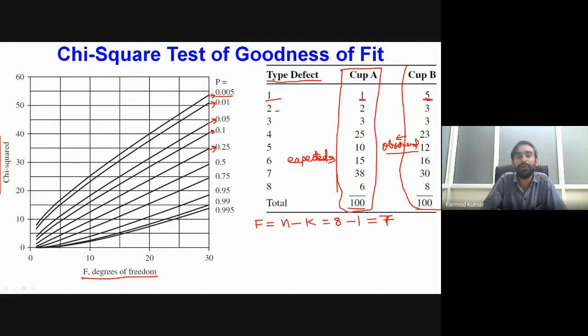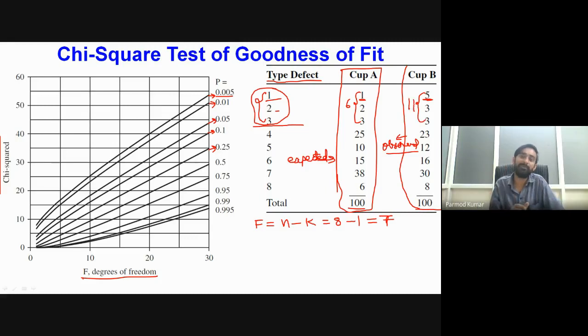So what we will be doing for our analysis is combining all these three categories 1, 2 and 3 into a single category. All these three we are considering as a single type of defect. If we consider this, then for cup A we will have 6 as the cumulative number of cups, and for this we will have 11 as the cumulative number of cups.